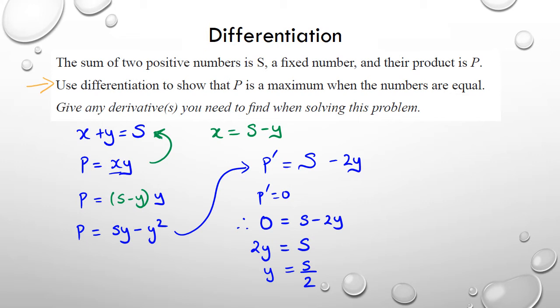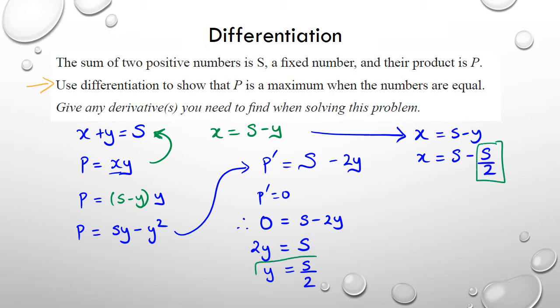Because y equals s over 2, looking at this equation, x is equal to s minus y, which means x is equal to s minus s over 2. I got this s over 2 from here because y is equal to s over 2.